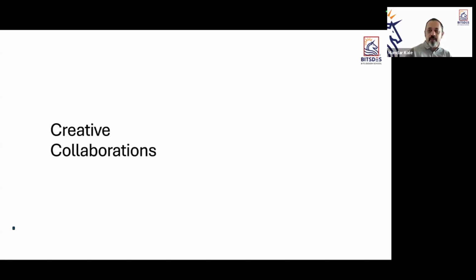Creative collaborations also. Gaurav spoke about institutions, but it could be friends that you have collaborated with. It could be an NGO. It could be a local shop that you have collaborated with. It does not mean that these are freelance or paid projects, or that you've solved the problem of the world.